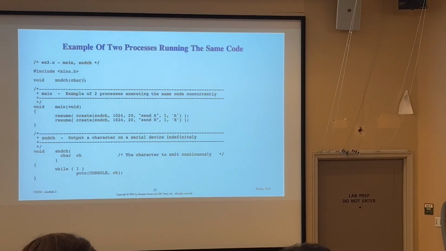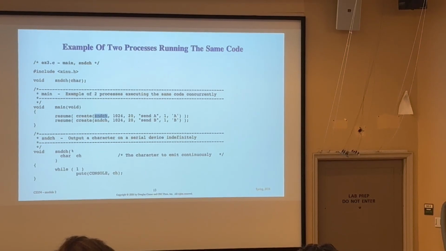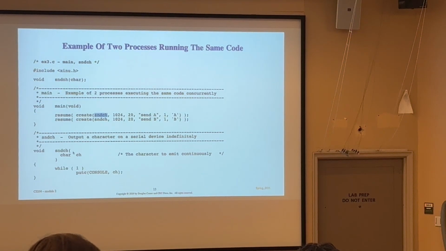So this is when you create a process. You run create, it creates a process, but also puts it in a suspended state. So that's why you need to invoke resume, which we'll talk about later. When you call create process, you give it a few parameters. The first parameter is the function that you're going to execute in this process.